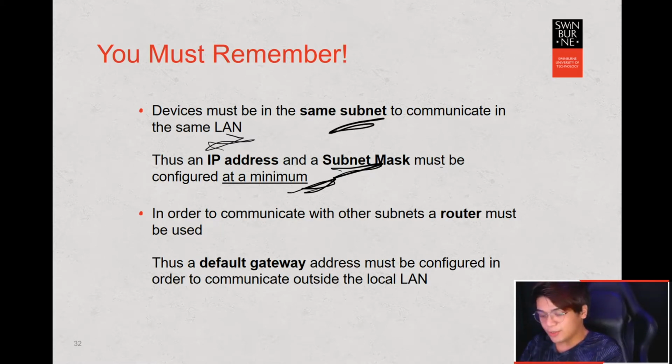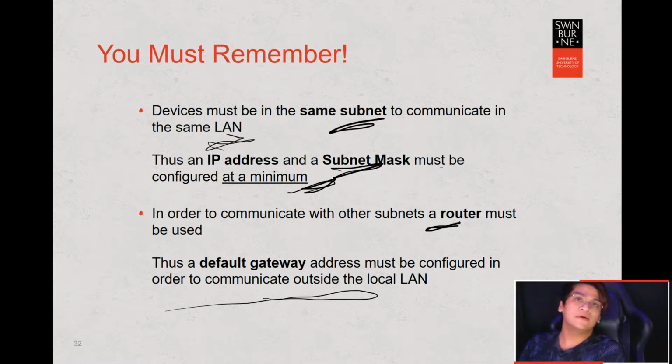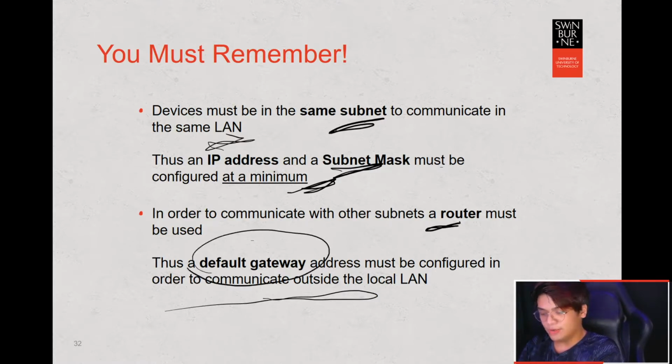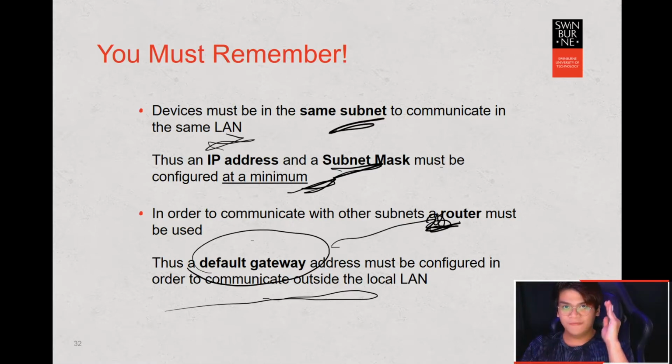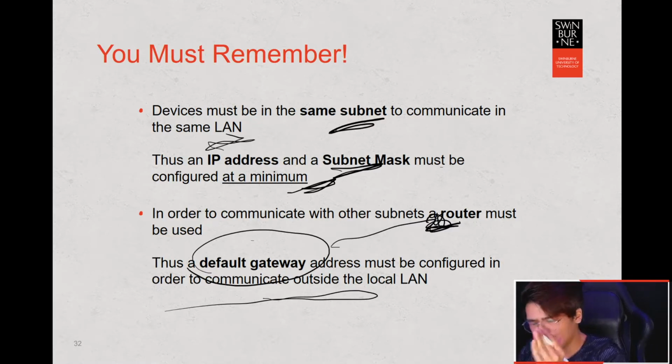In order to communicate with another subnet, a router must be used. A router is a device, or sometimes a virtual device as well. Thus a default gateway address must be configured in order to communicate outside of the local LAN. The default gateway is usually the router IP address, meaning the last endpoint of the local area network.